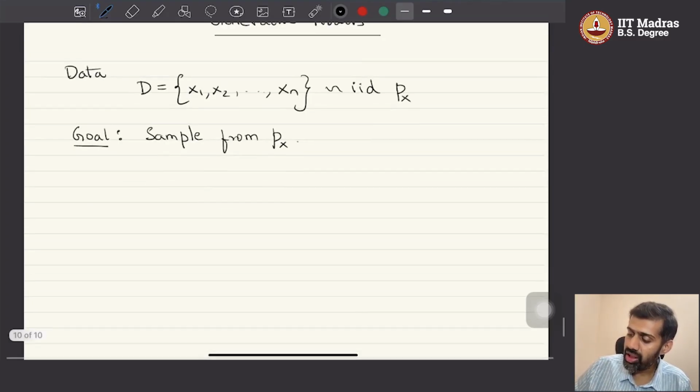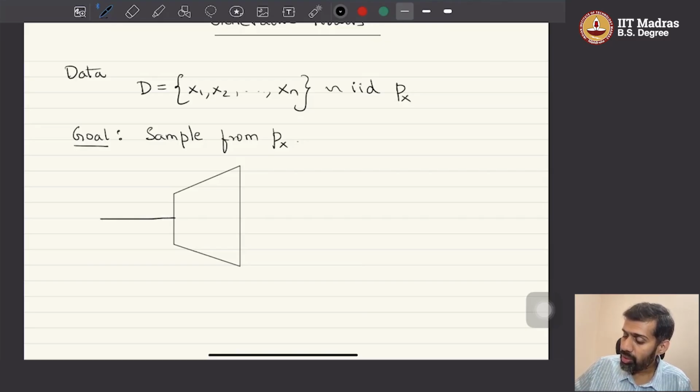And how do we do that? So recall the general recipe that we had. We have a function represented using a neural network, a deep neural network.